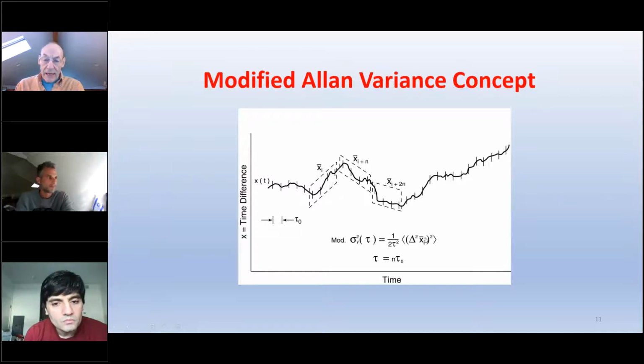X bar means average, delta squared is the second difference of the average times. Square it, take the average of that square, divide by tau squared, and now it's frequency, and divide by 2 to get the Allan deviation. And that's the modified Allan variance as a concept.